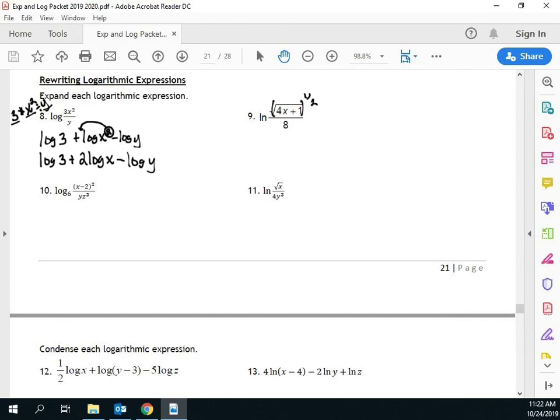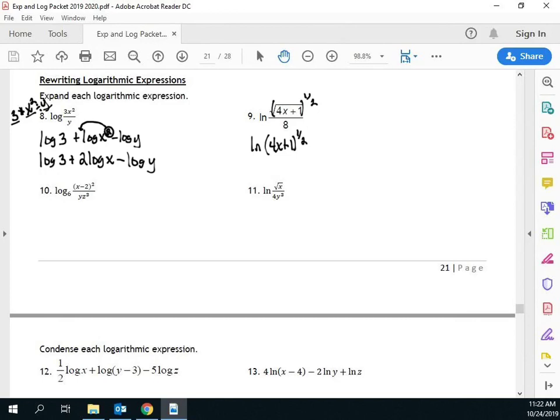Now you got to be careful here, guys, because the 4x plus 1 is joined together. Okay? It's together under the square root. So that's got to actually stay together when you're expanding. So you go through and say, all right, this ends up being natural log of, and I actually use parentheses to keep it together. What's the 8 doing?